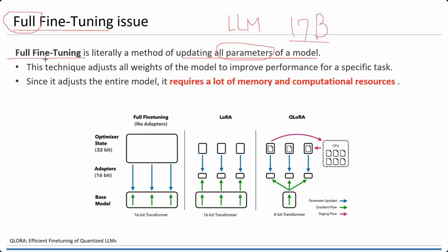So the full fine tuning techniques adjust all weights of the model to improve performance for a specific task. Since it adjusts the entire model, it requires a lot of memory and computational resources.